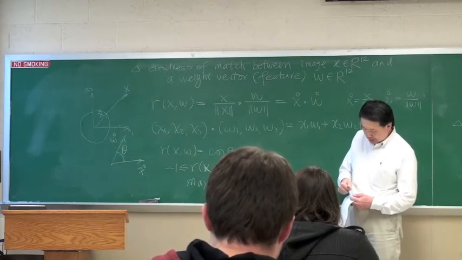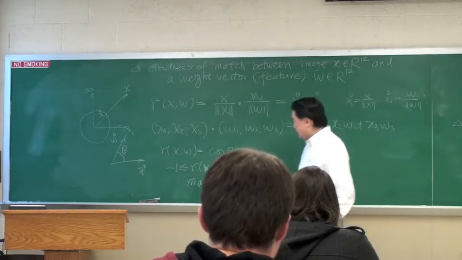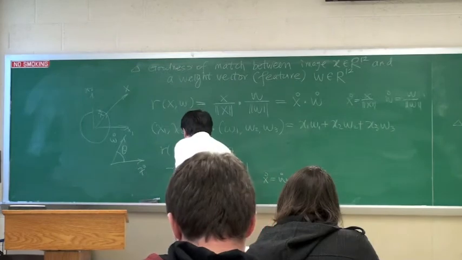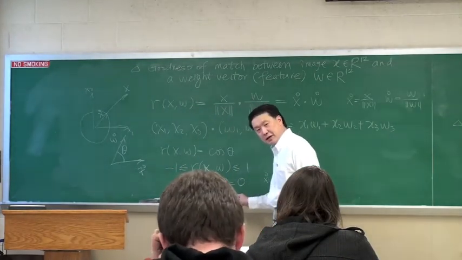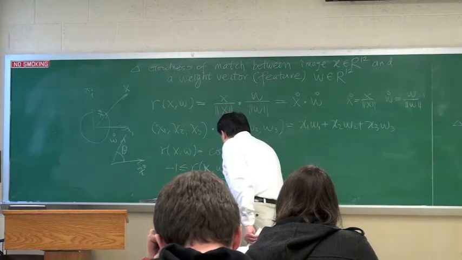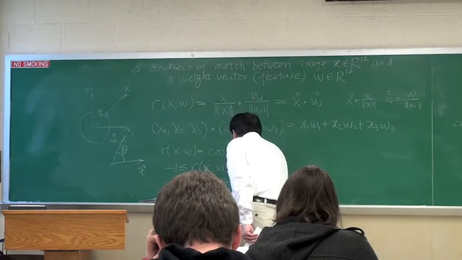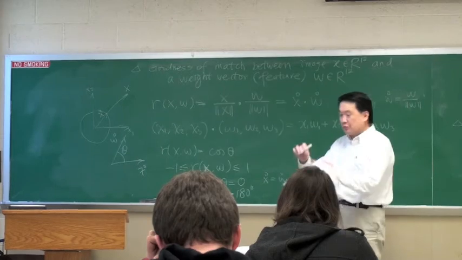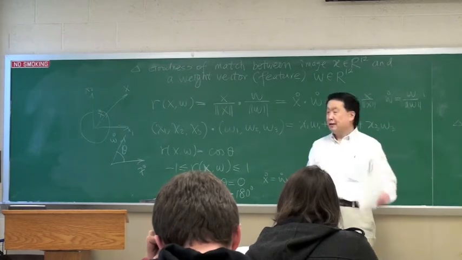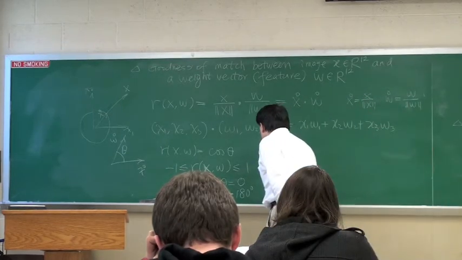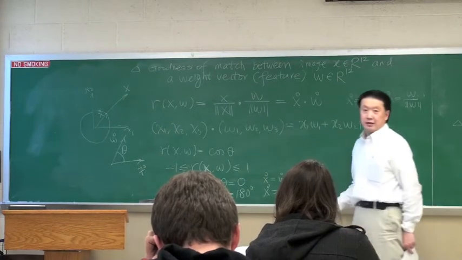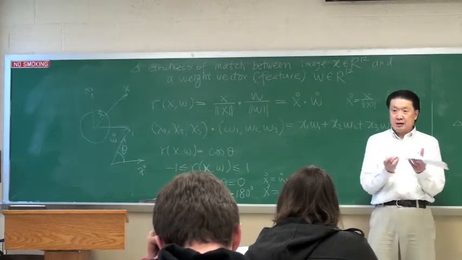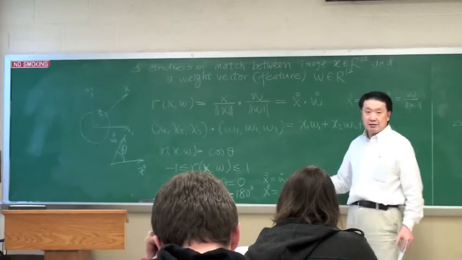And if theta equals 180 degrees, then x hat dot w hat equals minus 1. That becomes opposite, so this is a really bad match.